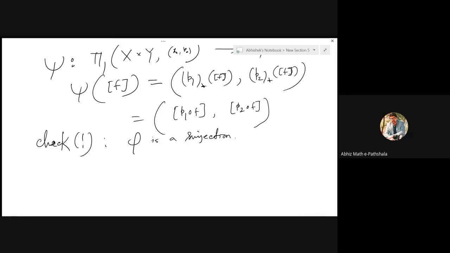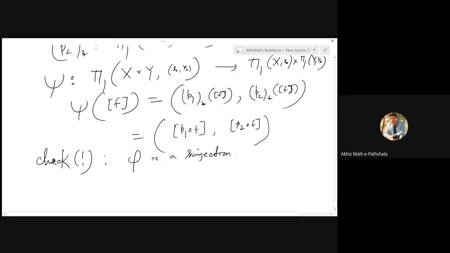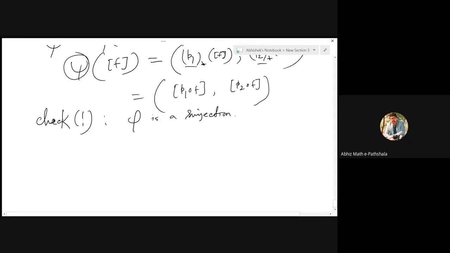And since these two maps are homomorphisms, you can easily check that psi is a homomorphism. So it remains to check the one-oneness of the map psi.